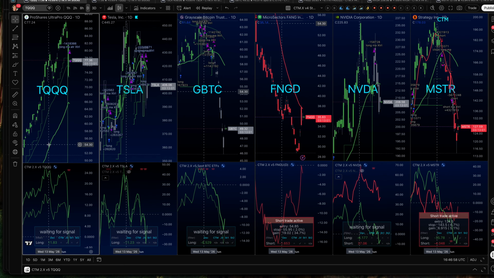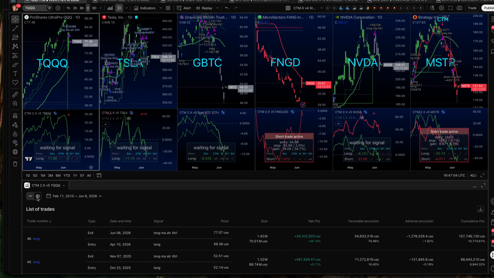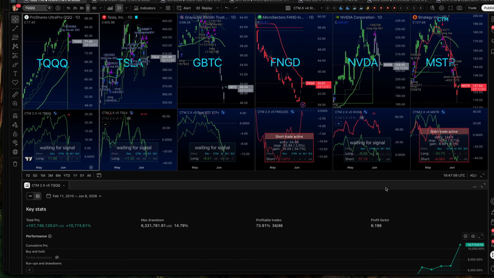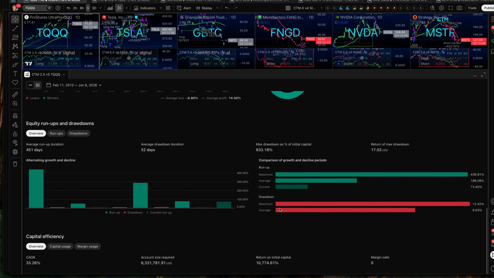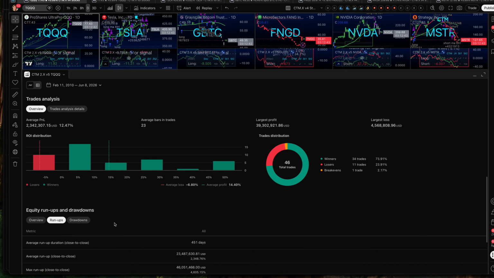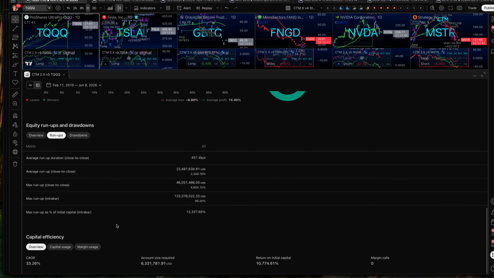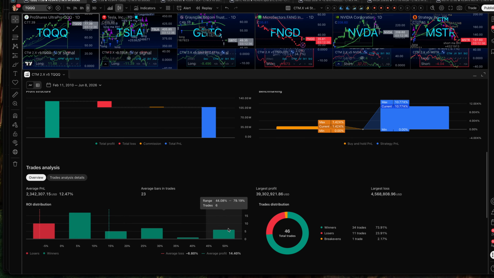We saw this massive trade. I don't know if it'll ever happen again on TQQQ, taking a 56% profit out of the market. I'm interested, was that the largest take of CTM on TQQQ? They've changed all these metrics significantly, haven't they? So I can't tell.